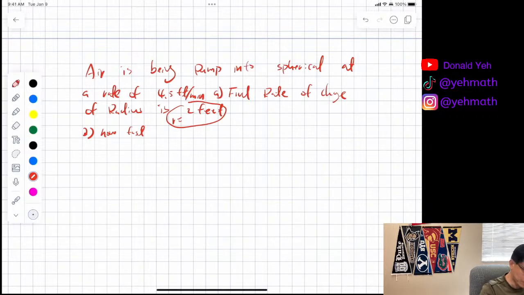Cubic feet is the wrong unit. Find the rate of change of the radius when r is equal to 2 feet, and also find out how fast the surface area is changing when r equals 2 feet.